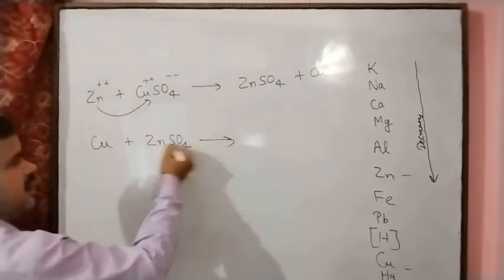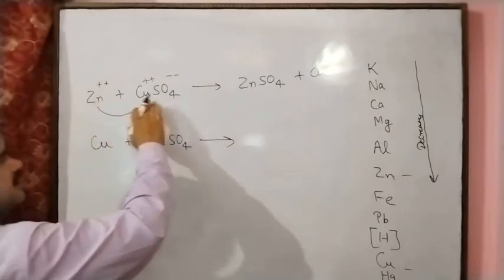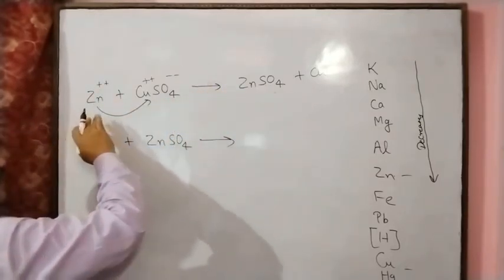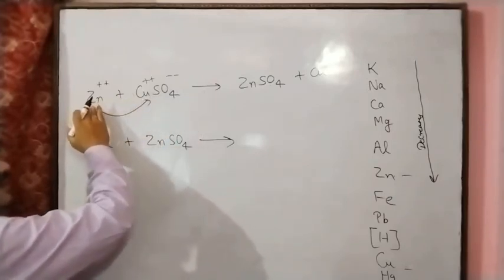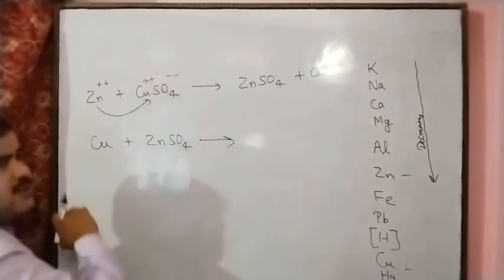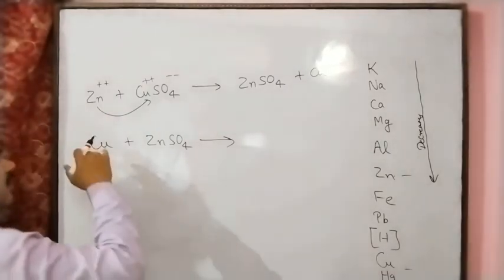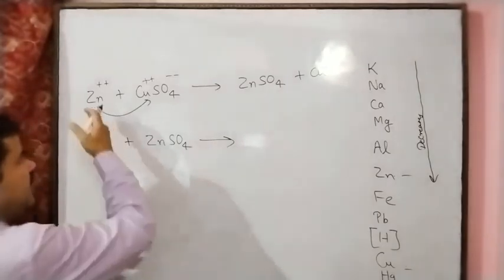So this reaction will not be feasible; only this reaction we will write, and it is feasible in aqueous solution. Here zinc displaces copper. Zinc is a metal and copper is also a metal, both with valency 2, and in aqueous solution they change into ions.